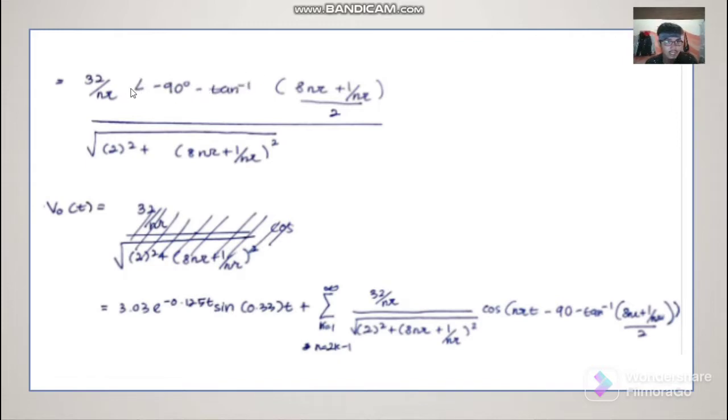So we will get 32 per n pi, angle negative 90 degree minus inverse tan in bracket, which we will multiply, which is the answer 8 n pi plus 1 per n pi per 2, divided by the square root of 2 squared plus 8 n pi plus 1 per n pi, and we will square it.